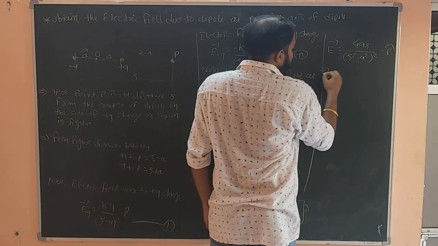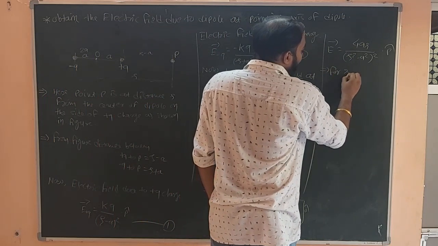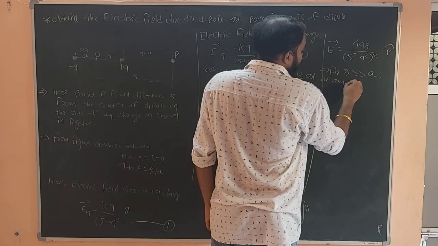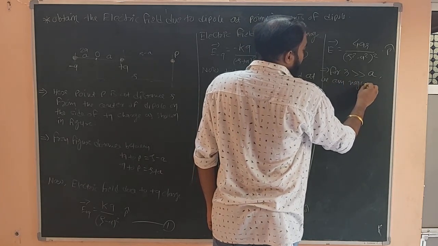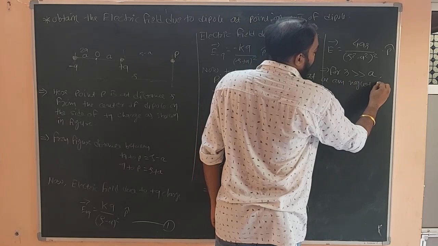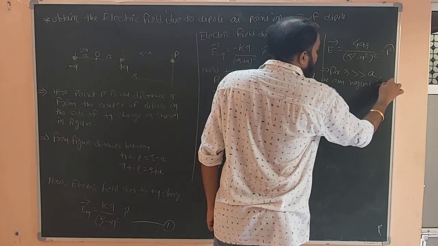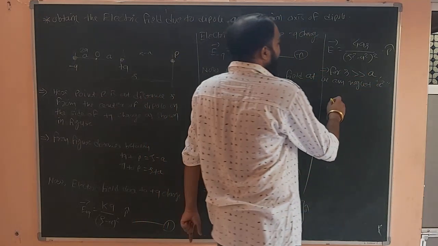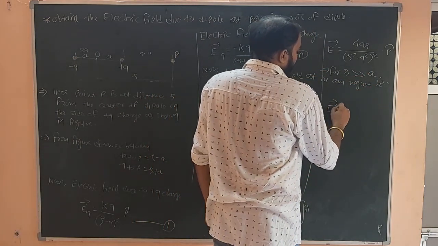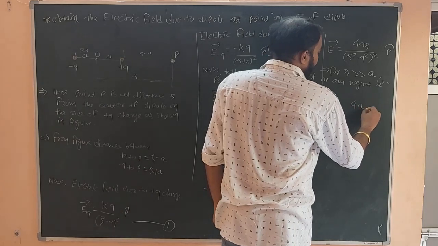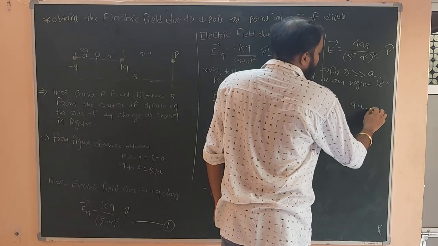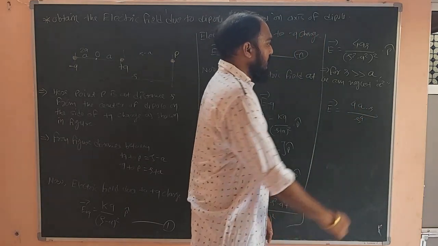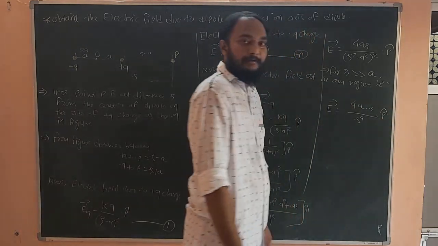So for R much greater than A, we can neglect A square from the above equation. What will we get? E is equal to 4A into R by R raised to 4 into p caret.